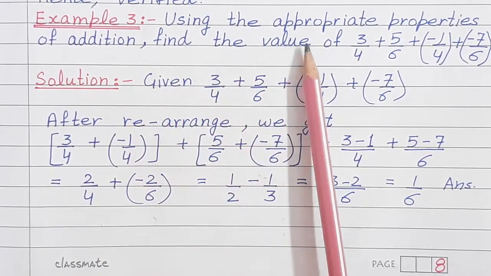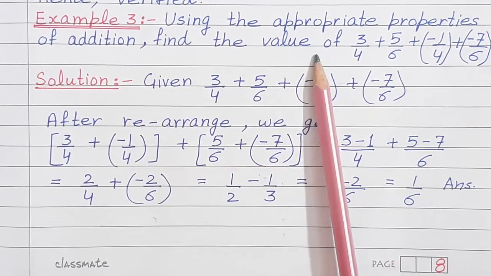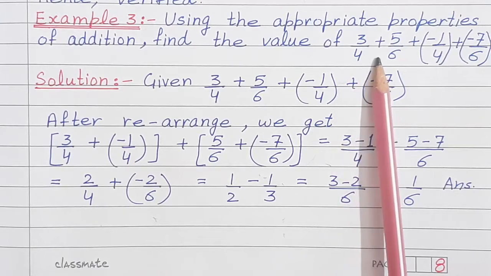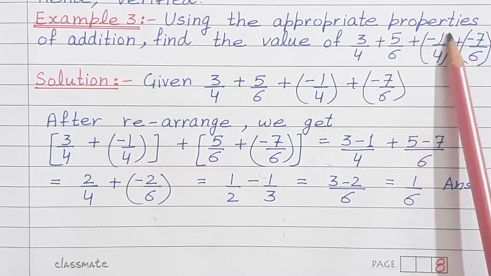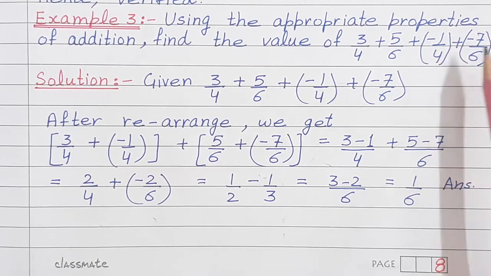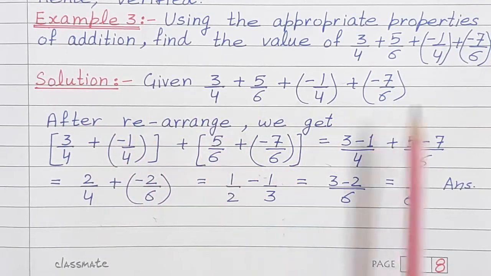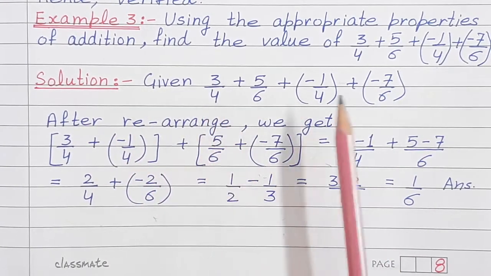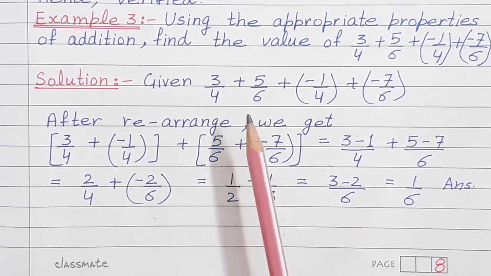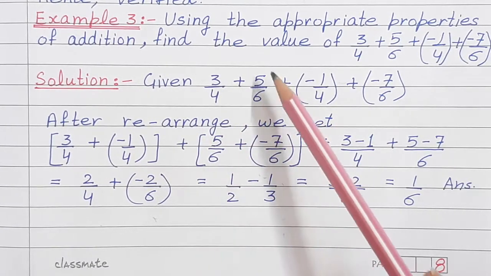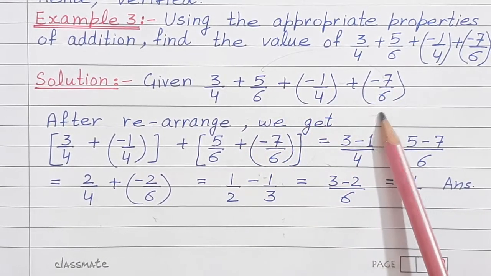Using the appropriate properties of addition, find the value of 3 upon 4 plus 5 upon 6 plus minus 1 upon 4 plus minus 7 upon 6. Now students, you can see that in the first and the third term the denominator is the same, and in the second and fourth term the denominator is the same.